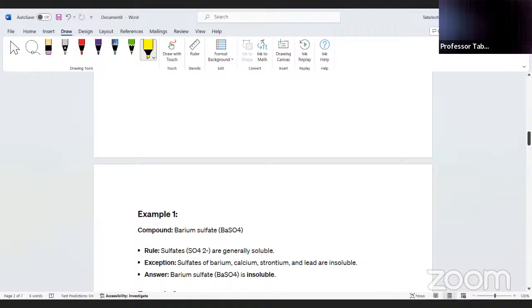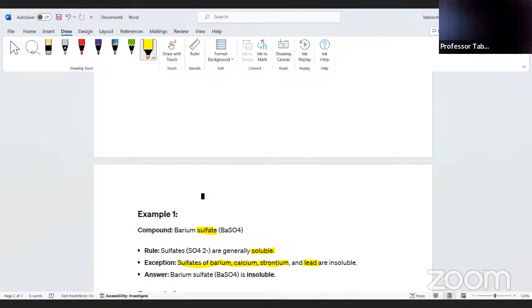It says barium sulfate. We just talked about this. Is barium sulfate soluble or insoluble? As you can see, here's the answer. It is insoluble. And here's why. Sulfates are generally soluble, except when you pair them with barium, calcium, strontium, and also lead.